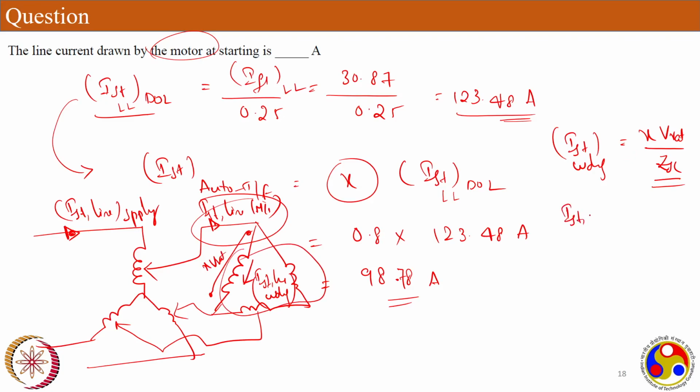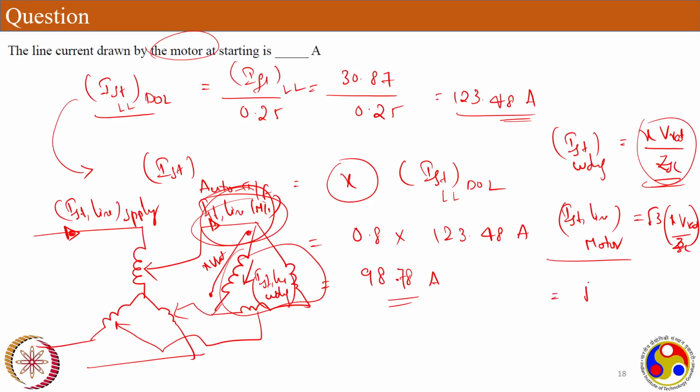Now the starting line current drawn by the motor, which is this one, will be again root 3 times this entire factor, because it's a delta and the line will be root 3 times this one, X times V rated by ZSC. So your supply IST line drawn by the motor is root 3 times X V rated by ZSC.